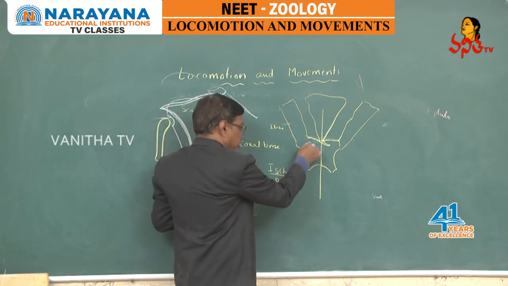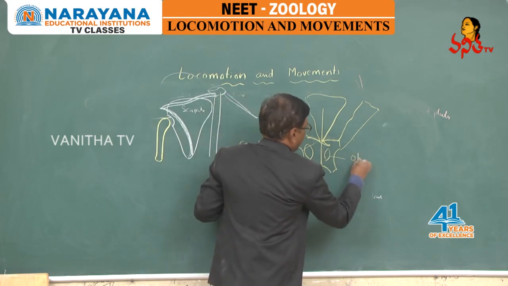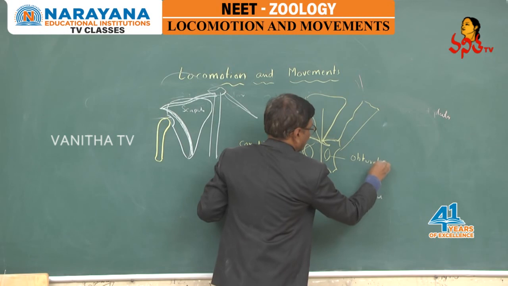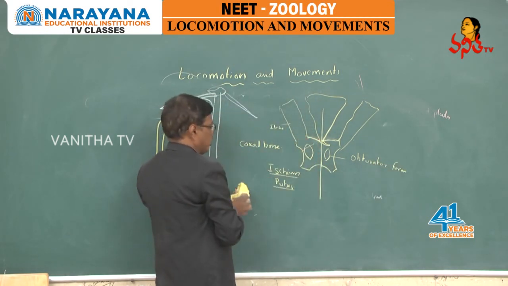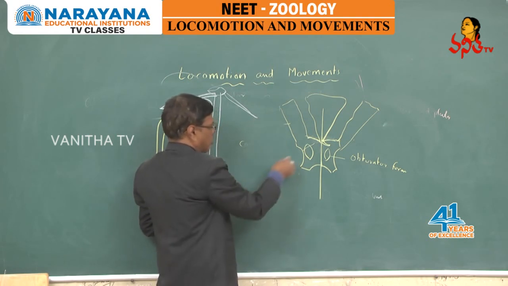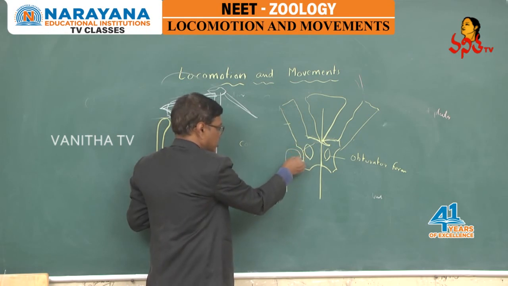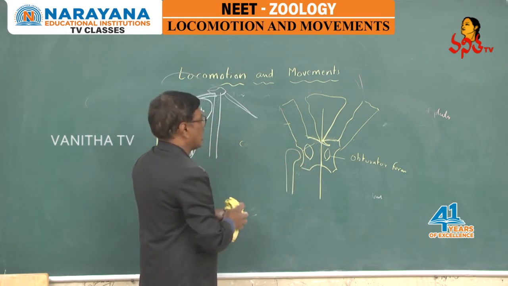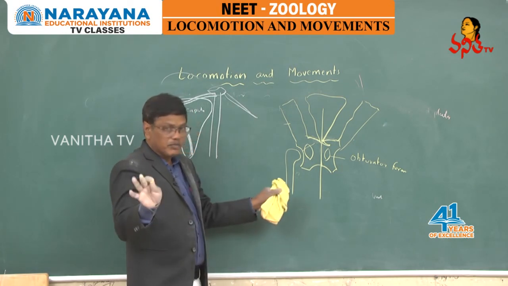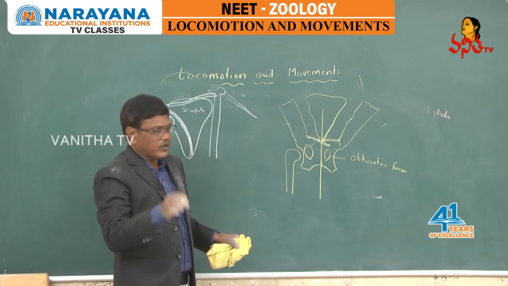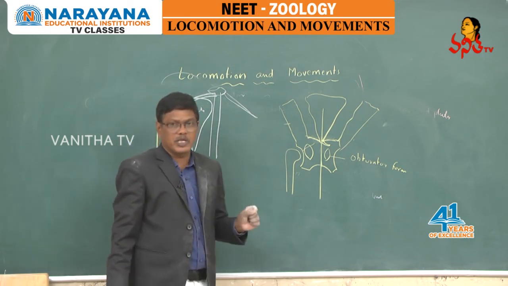Each coxal bone encloses a cavity called the obturator foramen. Next, at the junction of the ilium, ischium and pubis, a cup-like depression is present called the acetabulum, into which the head of the femur fits, and a ball and socket joint forms. On the ventral side, the two pubic bones of either side are joined by the pubic symphysis.